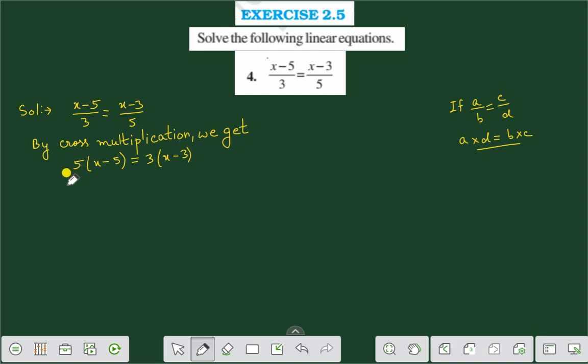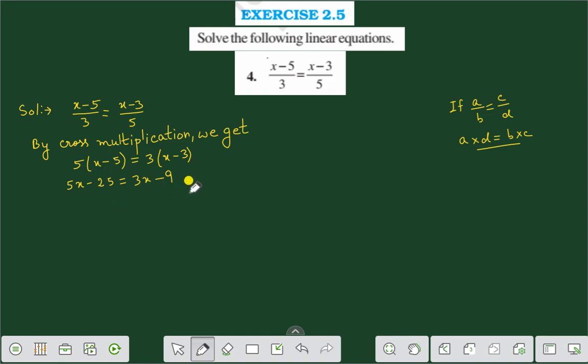If we multiply this one, that is 5x minus 5 5 is 25 is equal to 3x minus 3 3 is 9.